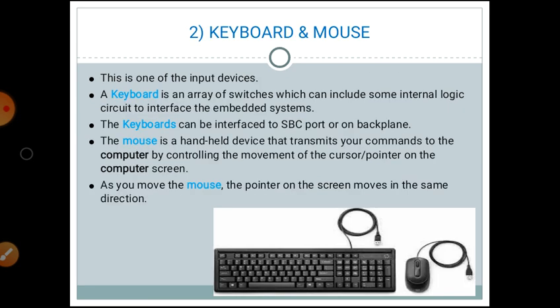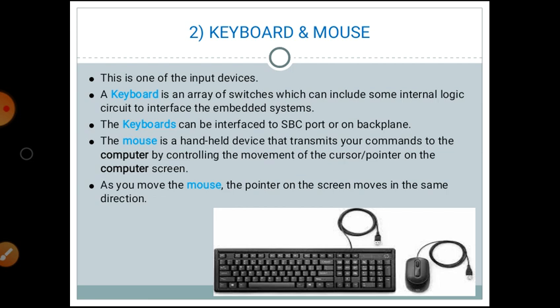Now the next input devices are keyboard and mouse. First of all, understand what a keyboard is and what the use of a keyboard is. This is one of the input devices. We already know that mouse, keyboard and memory are the input devices.